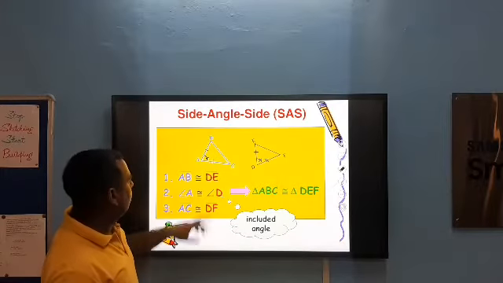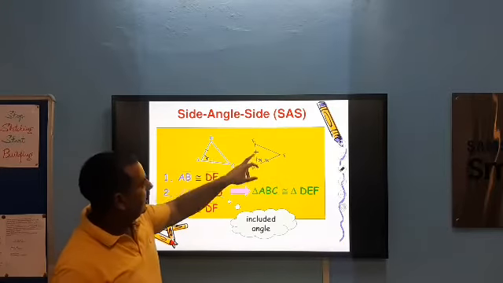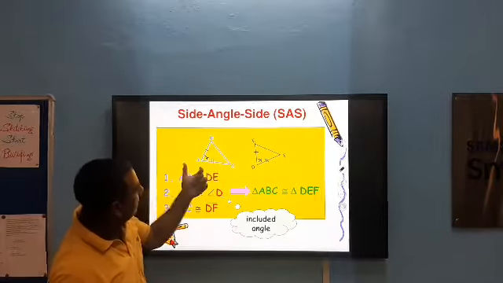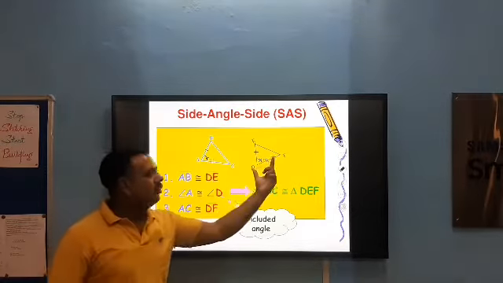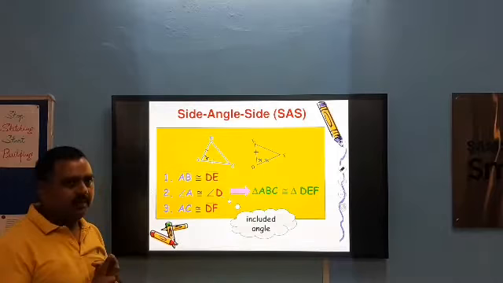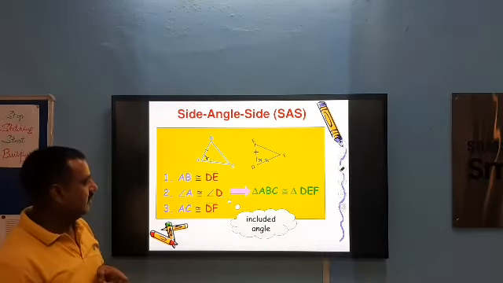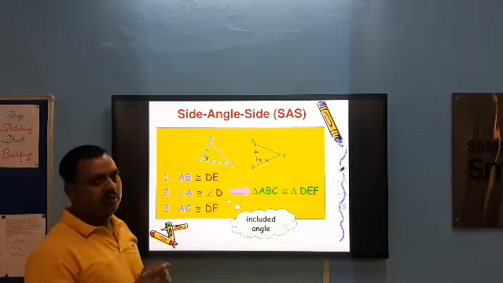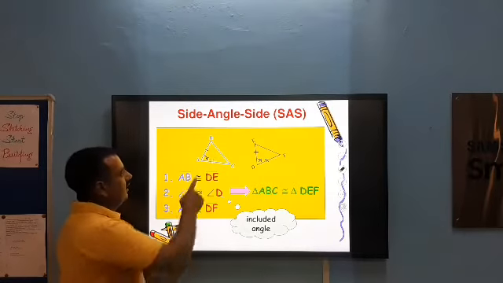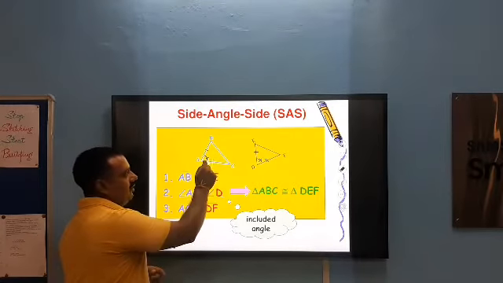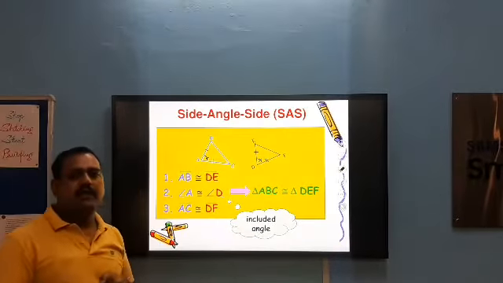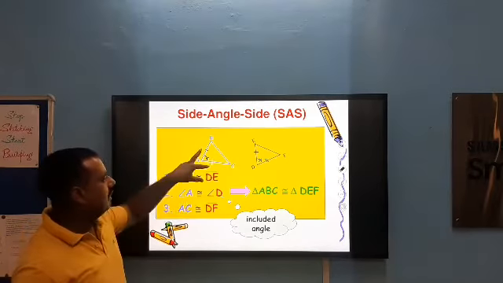In this diagram, triangle ABC and triangle DEF are represented, and side AB is equal to DE, side AC is equal to DF, and the angle between 2 equal sides. This is the point which we have to remember always, that the angle which we have to show equal must be in between of 2 equal sides.